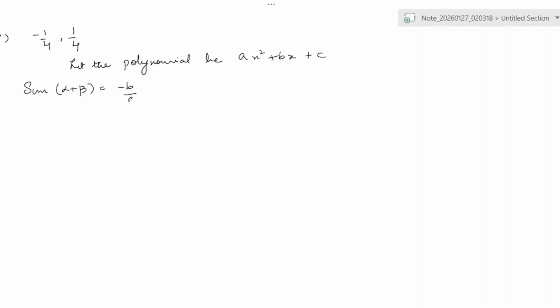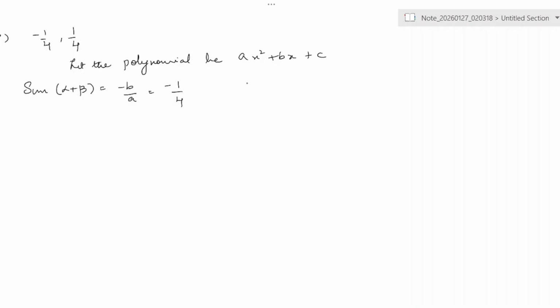Fifth subdivision, minus 1 by 4 comma 1 by 4. So let the polynomial be ax squared plus bx plus c. So sum is alpha plus beta, that is minus b by a, this is minus 1 by 4.